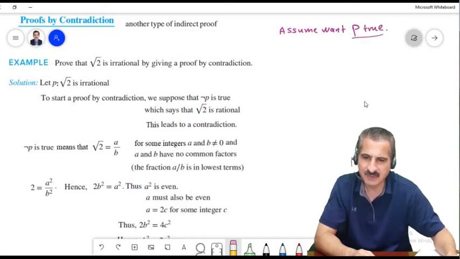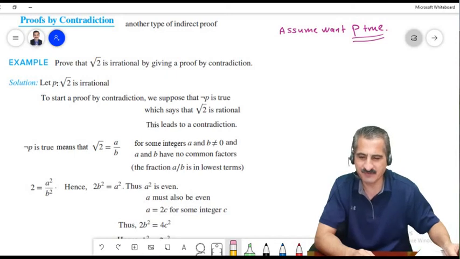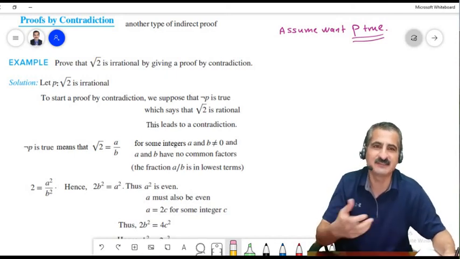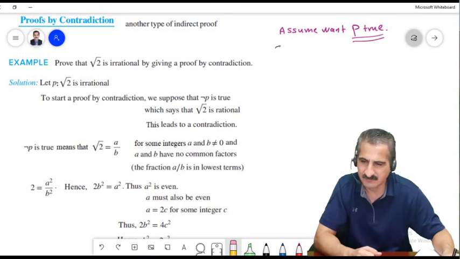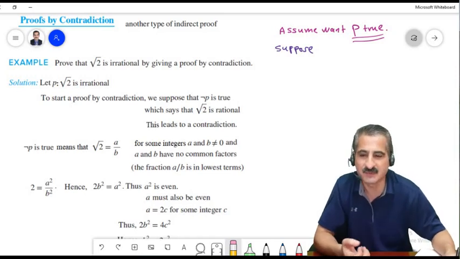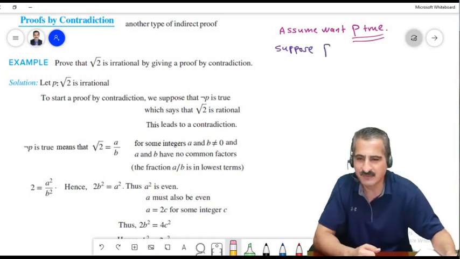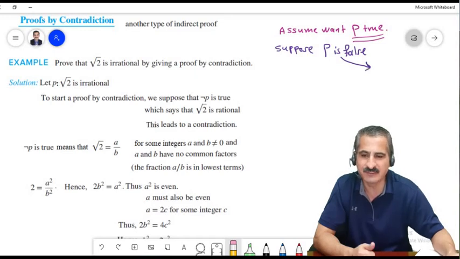So, how will it work? We will suppose that the statement is not true. So we will suppose the negation of the result we want to prove. Assume P is false. And then using this information, I will get some conclusion.